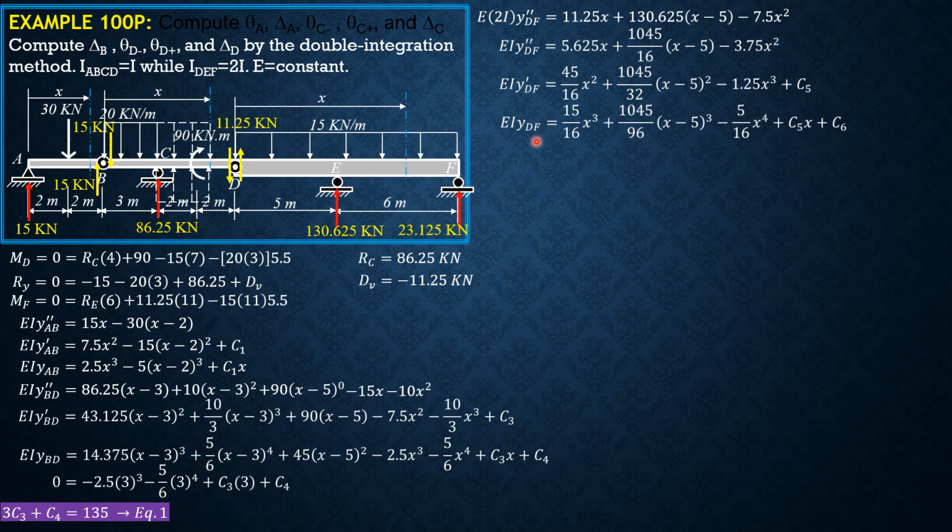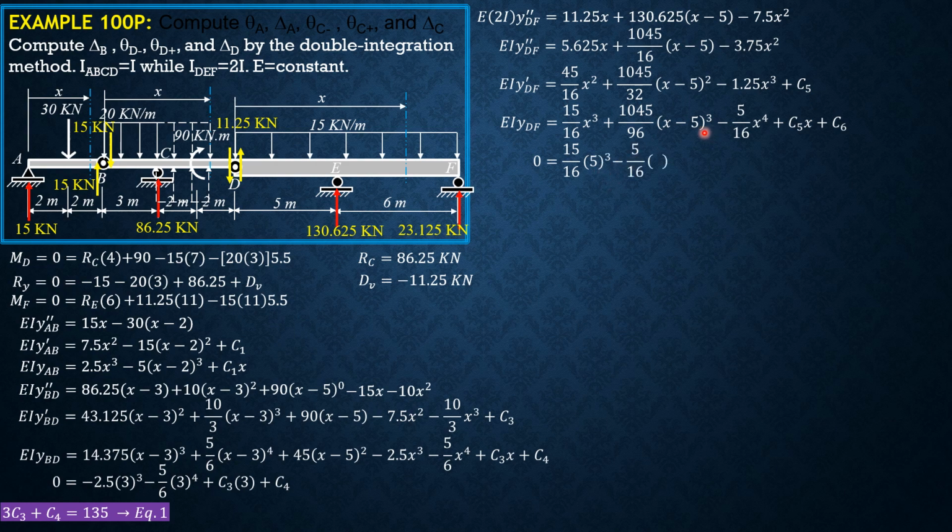Now, because there are two boundary conditions for portion DEF, we can solve C sub 5 and C sub 6 by two simultaneous equations. First, we set x is 5 for portion DEF, y is 0 into this equation. So 0 equals 15 over 16, 5 cubed.